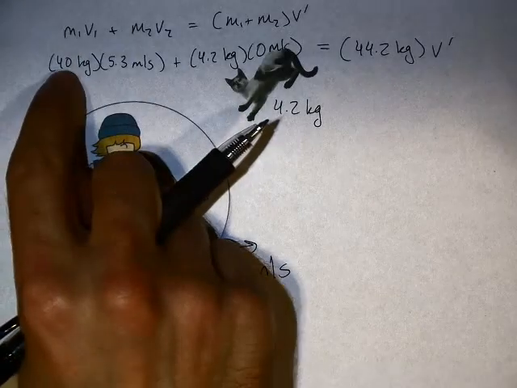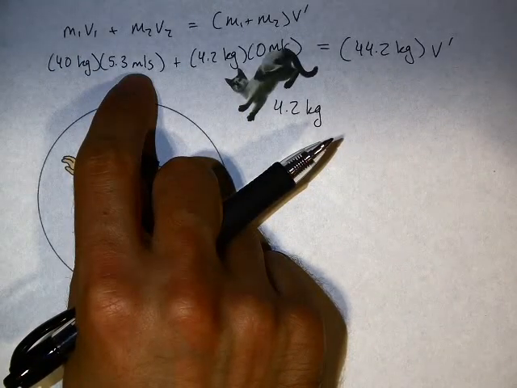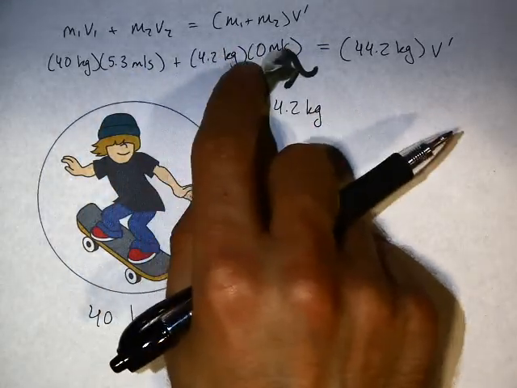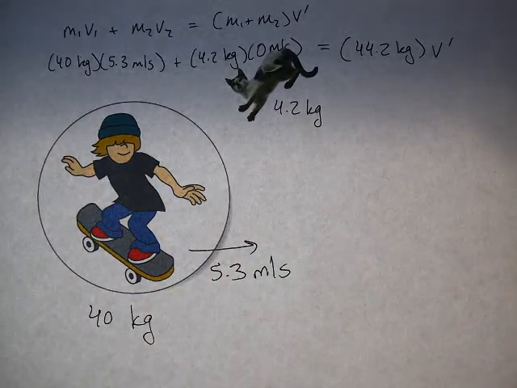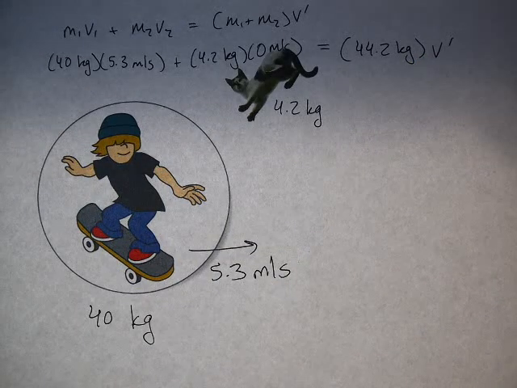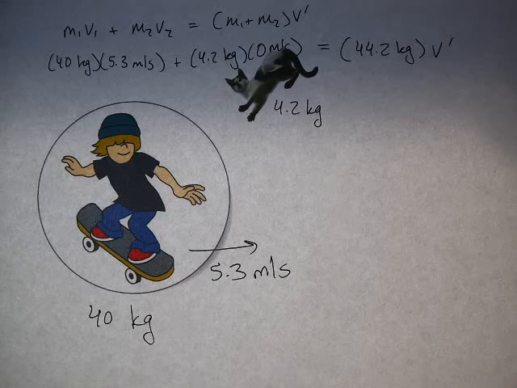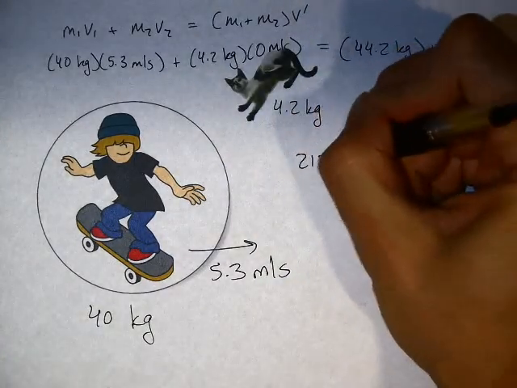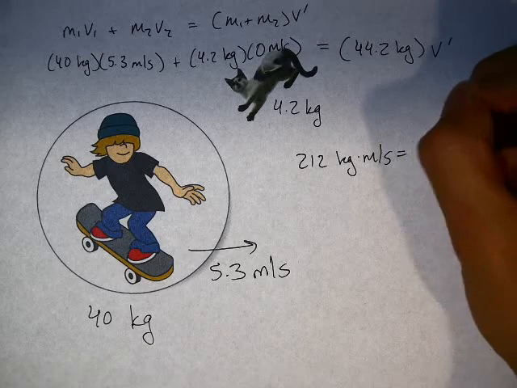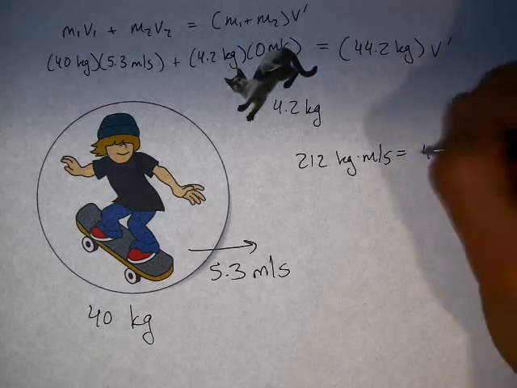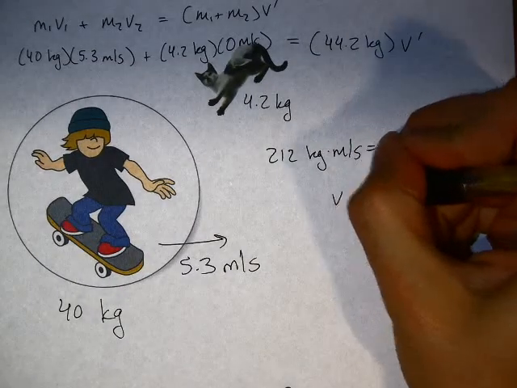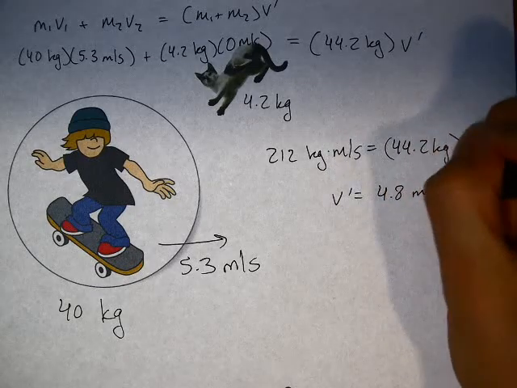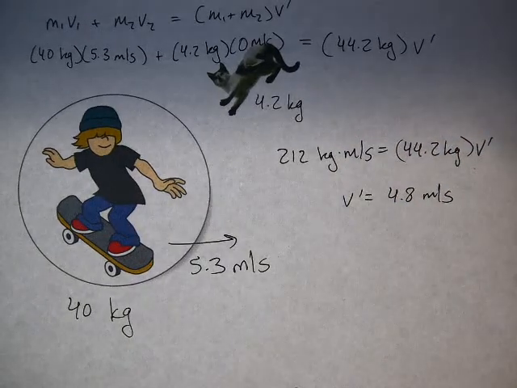So we basically multiply 40 by 5.3 plus 0, has no effect, divide through by 44.2 to get v prime. So 40 times 5.3 is 212, so we have 212 kilogram meters per second, and that equals 44.2 kilograms times v prime, and v prime equals 4.8 meters per second, which you should check on your own calculator.